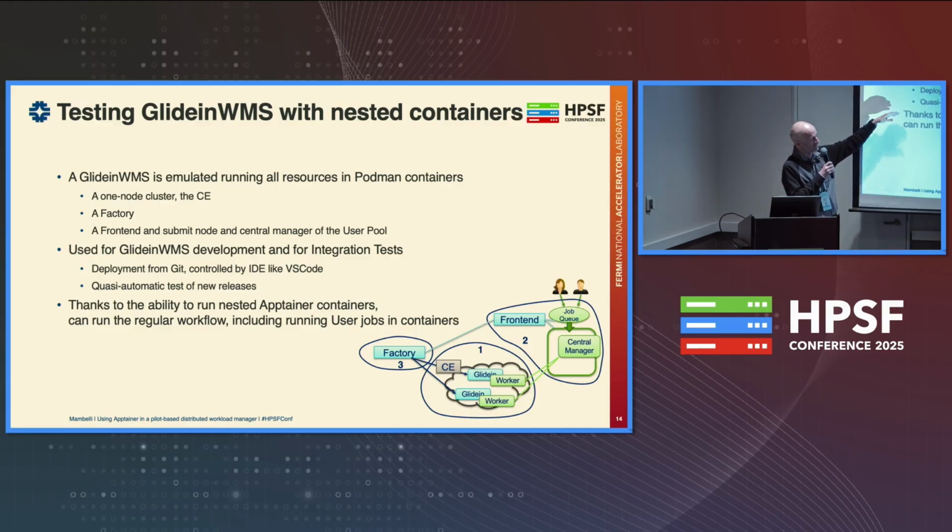And we have basically automated tests. The only thing is the credential that a user has to set up, and then it is testing new releases of the software. And people can even do development with this system, starting with their Visual Studio Code, VS Code, or any other IDE. And thanks to the nested containers, it was easier to run in a way similar to what actually happens in the deployment.